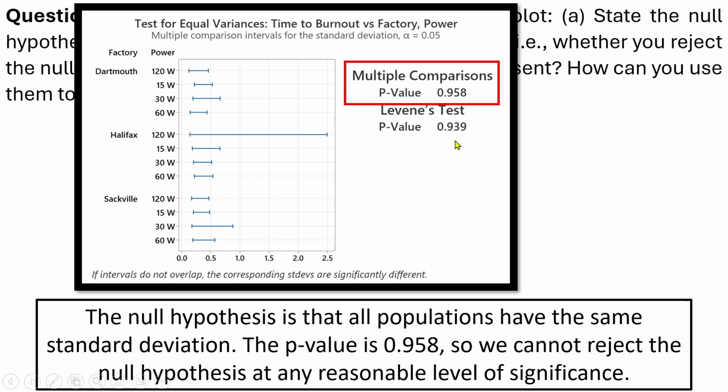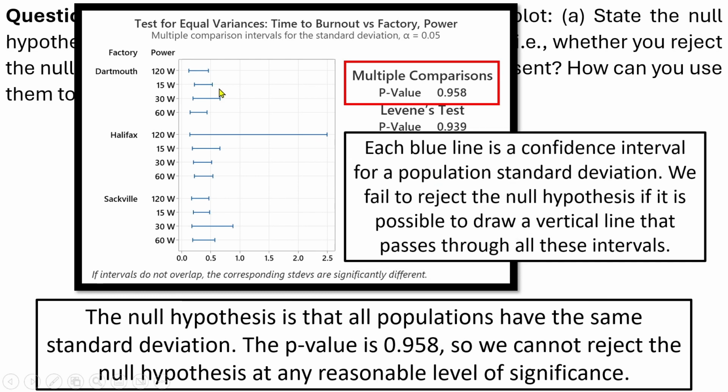Now, let's suppose you weren't shown the p-value for the test. How else could you tell that the populations probably have the same standard deviations? Well, you just have to remember that each blue line here is a confidence interval for a population standard deviation.